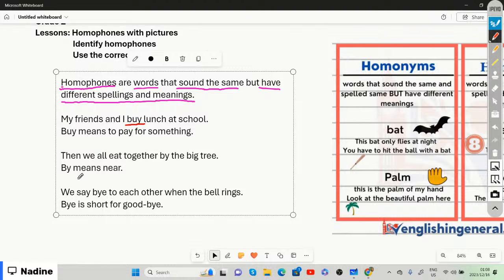Now, one of the other words that sounds the same as buy is in the sentence: then we all eat together by the big tree.